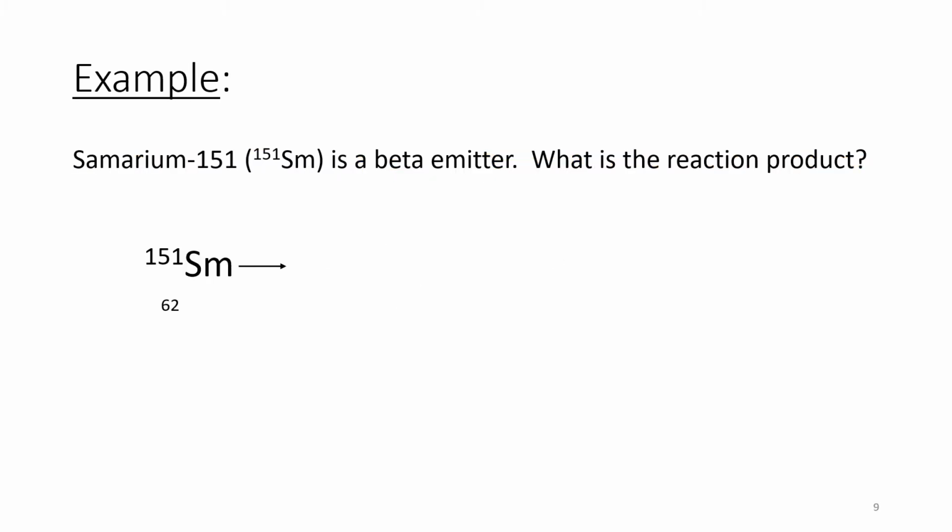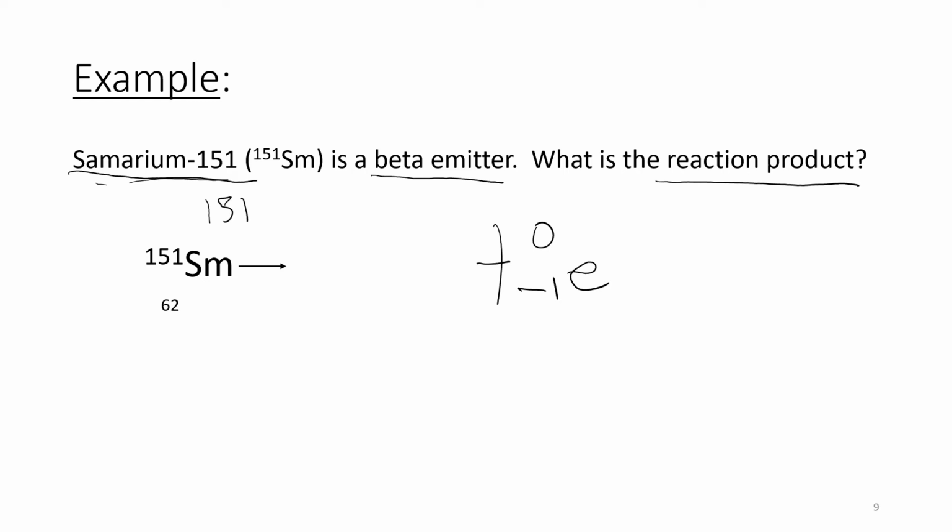In this example, samarium-151 is a beta emitter. We want to determine what is the new reaction product when samarium-151 decays into a new product. So let's start by writing our beta particle, our high energy electron, mass of 0, and then we're going to determine the mass of my new product. So it's always going to be the same number because it's 151 plus 0.